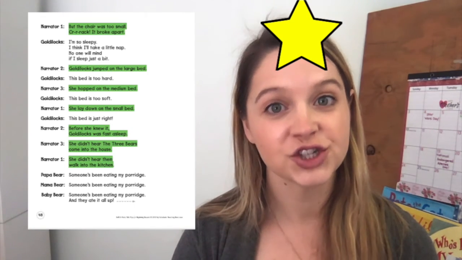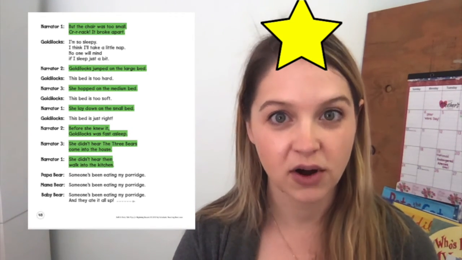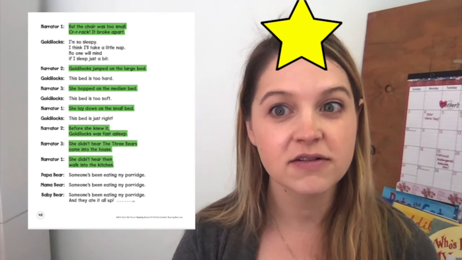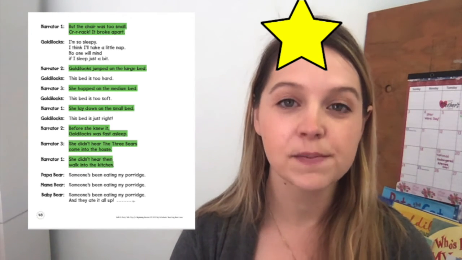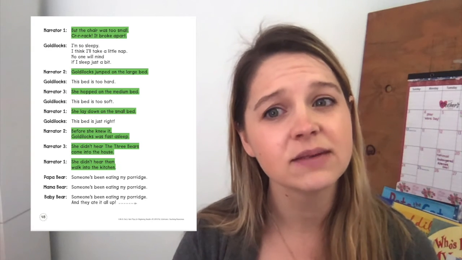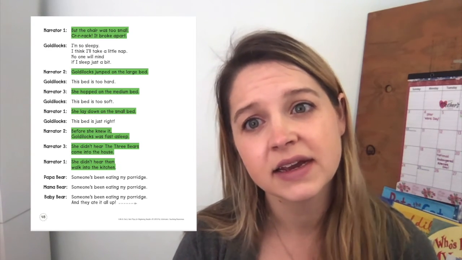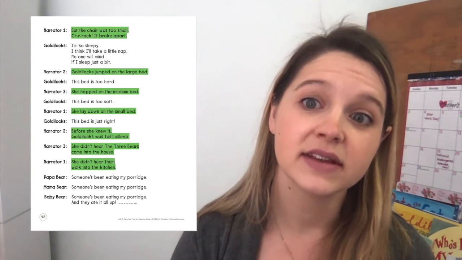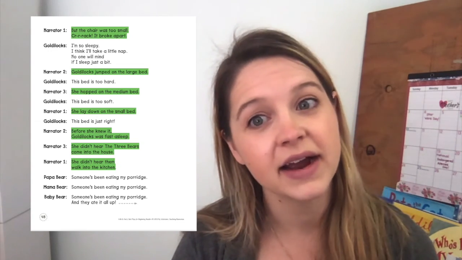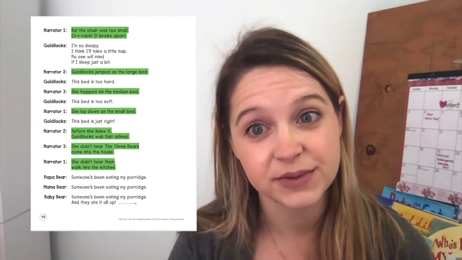Here we go. But the chair was too small. Crack! It broke apart. I'm so sleepy. I think I'll take a little nap. No one will mind if I sleep just a bit.